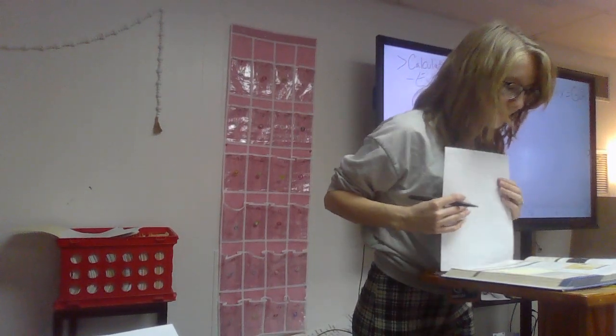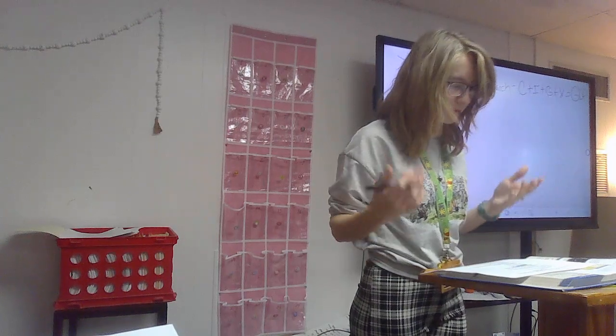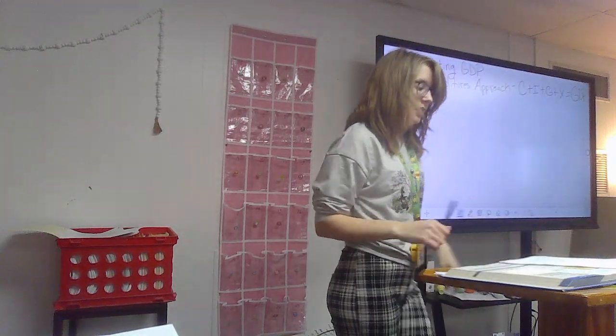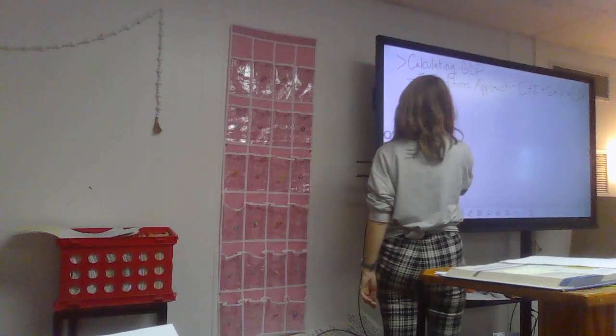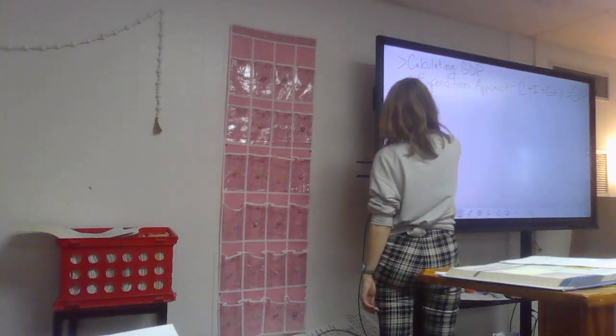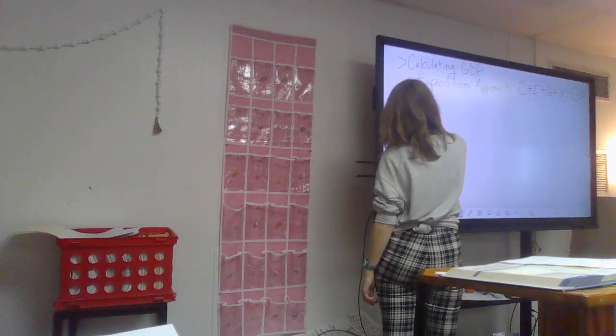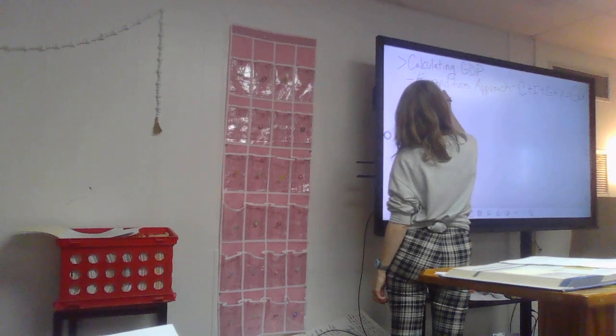The concept of the expenditures approach is you take the expenditures, the money that's spent, and add them all together. You're going to start with C, which is consumption.